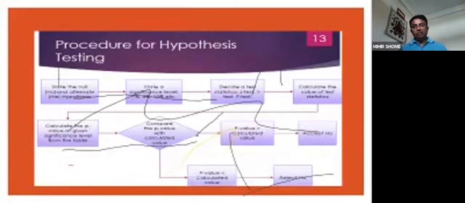If the p-value is greater than the calculated value, then we accept the null hypothesis. And in case the p-value is less than the calculated value, that means we reject the null hypothesis. In this way, we can test the hypothesis.